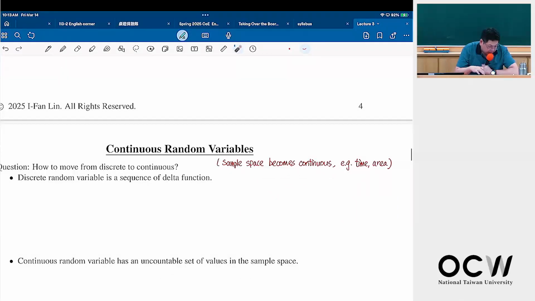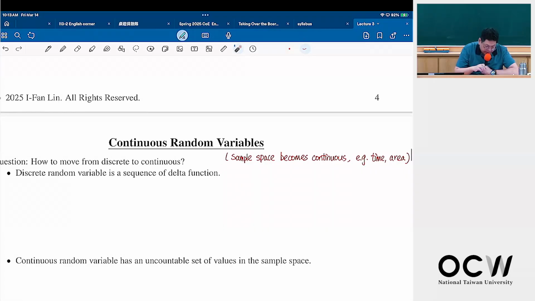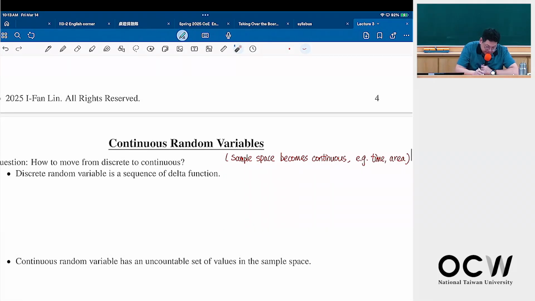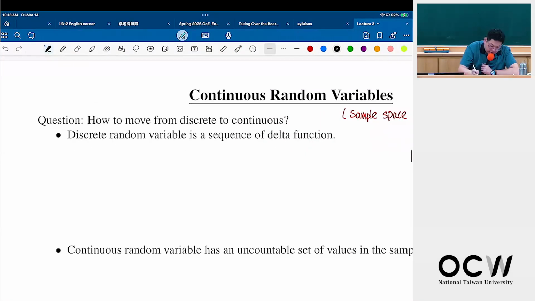So how do we move from the discrete to continuous? A discrete random variable is a sequence of delta functions. We can think of the discrete random variable as a sequence of delta functions. Like, here's my x.